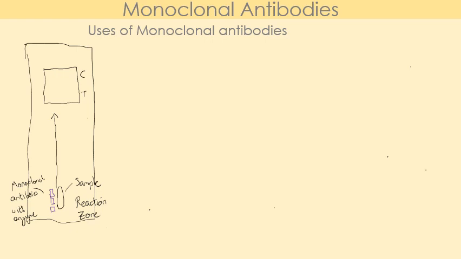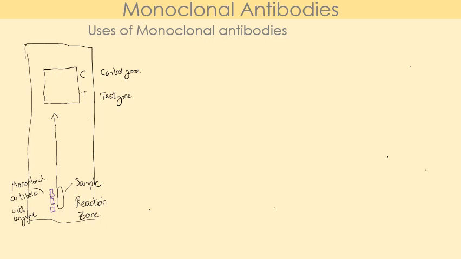Up here in our test window, we have what we call the test zone and the control zone. In our test zone, we have the monoclonal antibodies for the monoclonal antibodies down here.